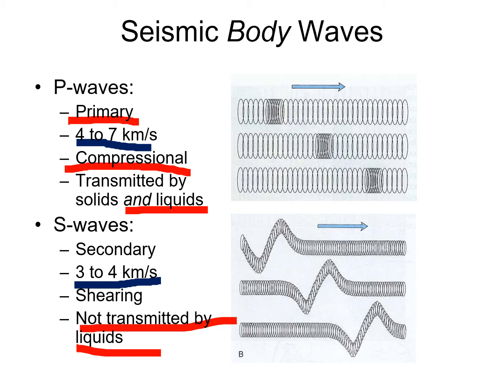And so the P waves are almost twice as fast, but it can vary depending on the material. P waves are a compression wave, and so you have this wave vibrating back and forth in the direction that the wave is traveling, while the S wave is a shear motion. And so that's the difference in the movement of those two waves.